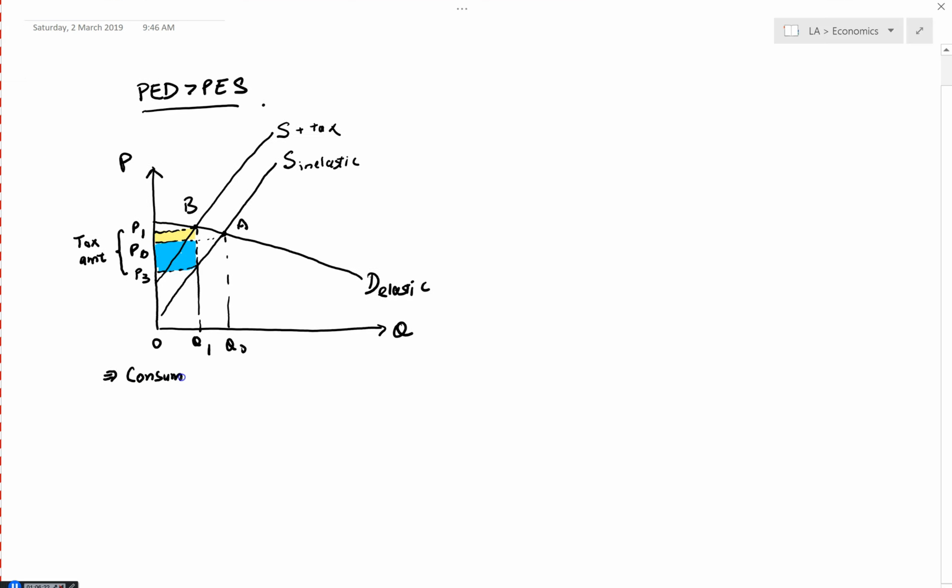Consumers' burden of tax, the yellow area, is less than producer's burden, which is the blue area.